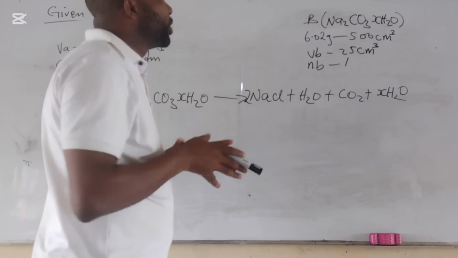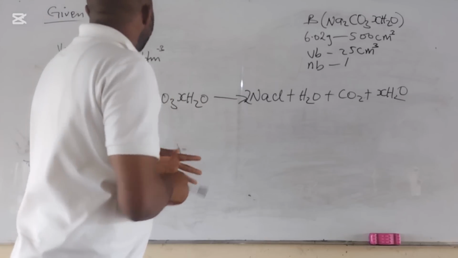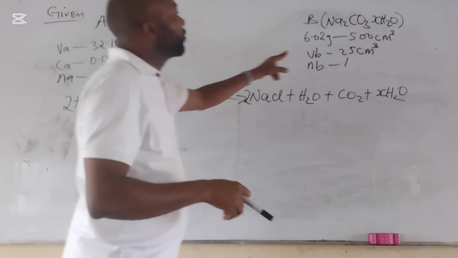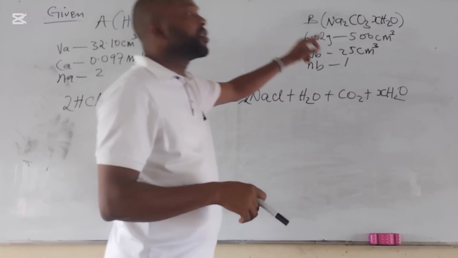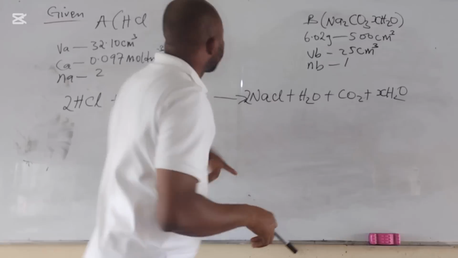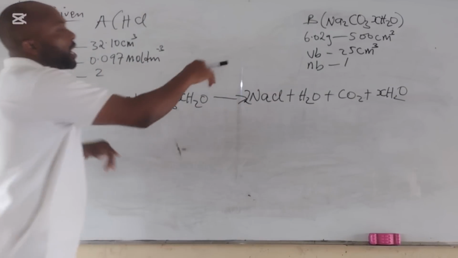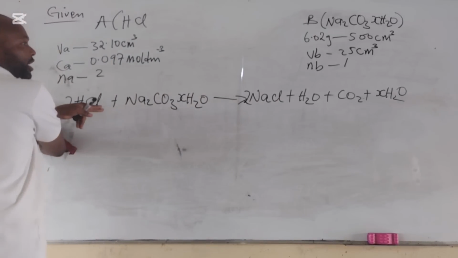Now, there are other things we need to do. For us to get the value of Y, we must get the mass concentration of the anhydrous, the mass concentration of the hydrated, and the molar concentration of the base. So let's begin with the molar concentration because the variables here are pointing to that.